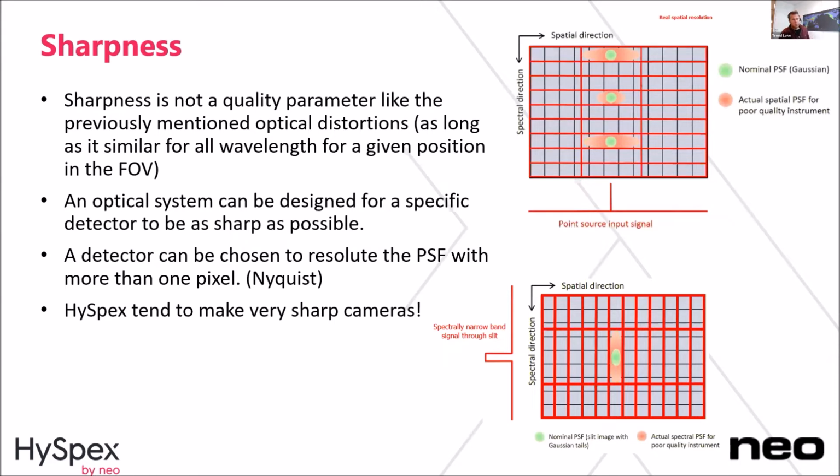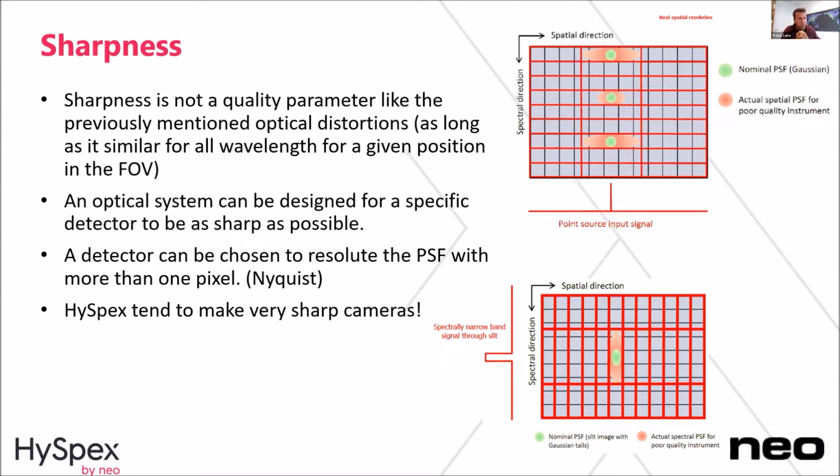Then sharpness. So sharpness is not a quality parameter like the previously mentioned optical distortions, as long as the sharpness is similar for all wavelengths, right? So if it's not similar, then it's PSF variation. If it's similar, it's just a sharpness measure of your camera.